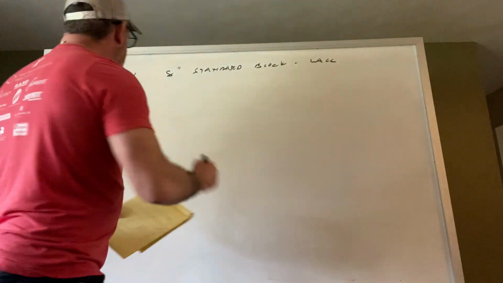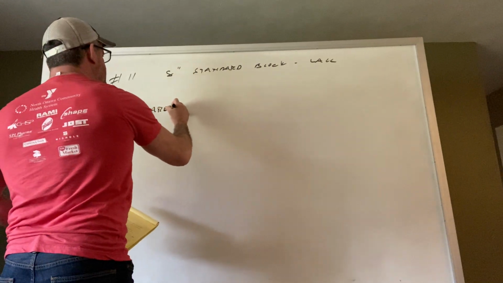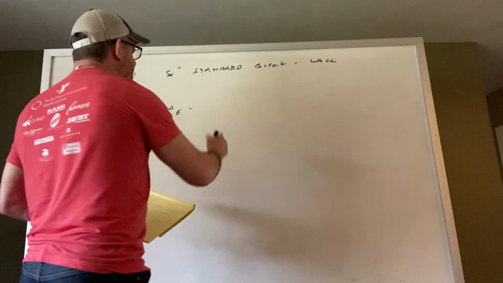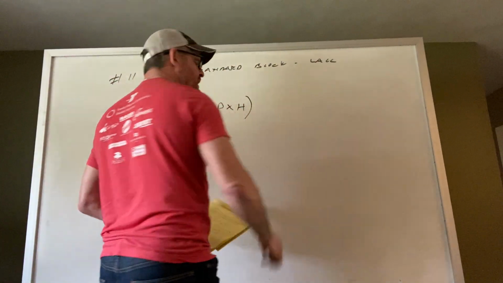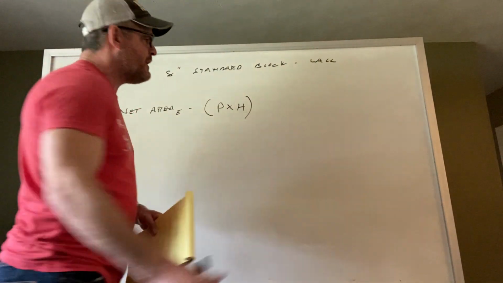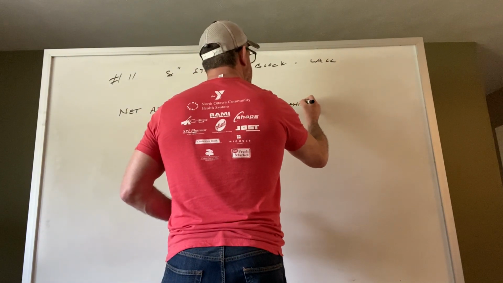So my net area is what I need to solve for. My net area for my exterior: what is my formula going to be for that? It's going to be perimeter times height, just like we did for our foundation, only now I have to also subtract out my openings.